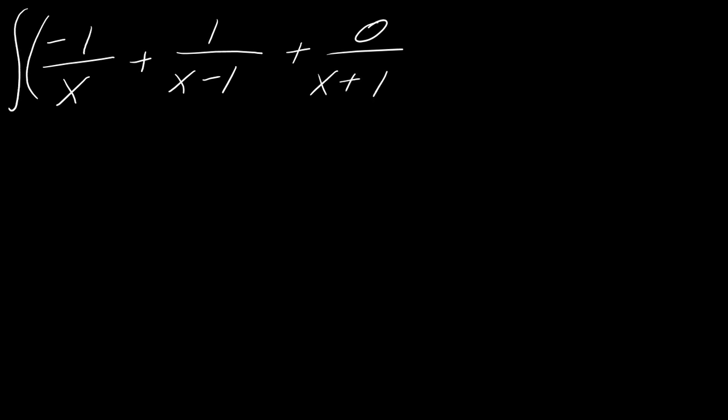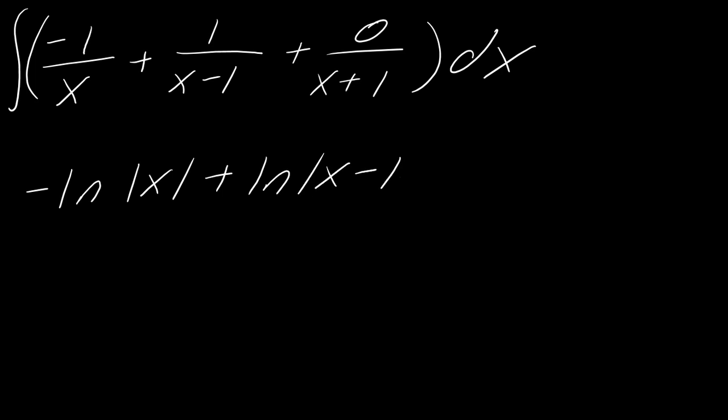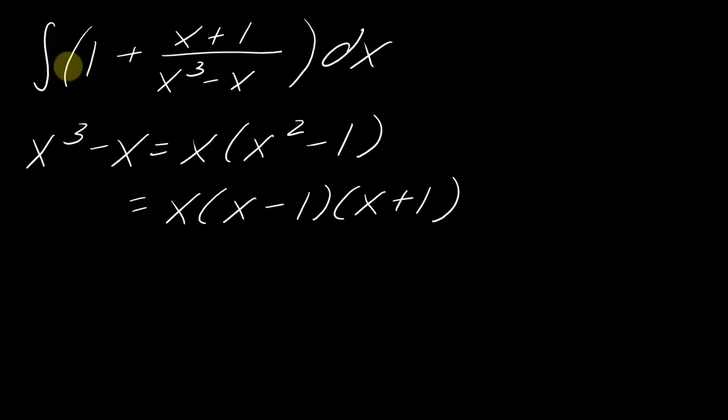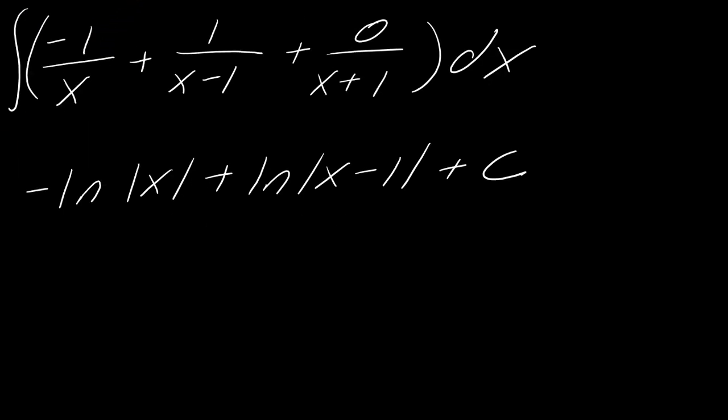So here is what I'm going to integrate, and obviously I don't need that 0, so that part can just drop out entirely. So then this will become the negative natural log of x plus the natural log of x minus 1 plus c. So that's one part of the integral, but wait, I forgot about the other part. The initial integral was this, so also don't forget about that plus 1. We never integrated that. So before I put that plus c, I also need to add an x and then a c. And now we've got everything integrated.